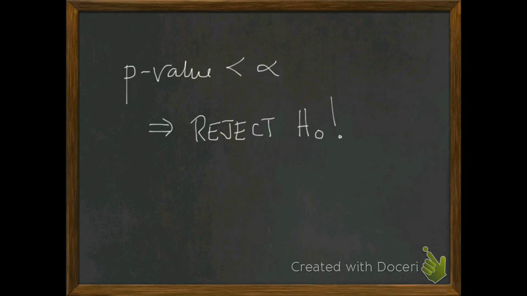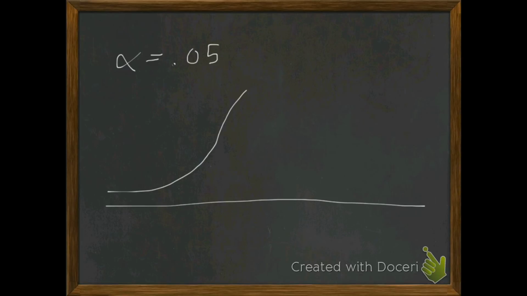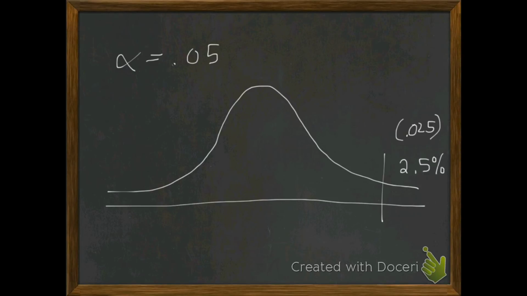Okay? Now, if you think about it, why does this work? Well, if we have alpha equal 0.05, that's saying that in our distribution of sample means, we're going to put half of our rejection region, 2.5%, or 0.025, in the left tail, and 0.025, 2.5% in the right tail, because this is our rejection region.